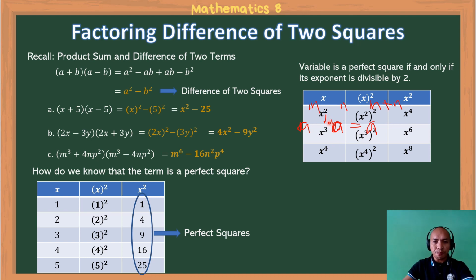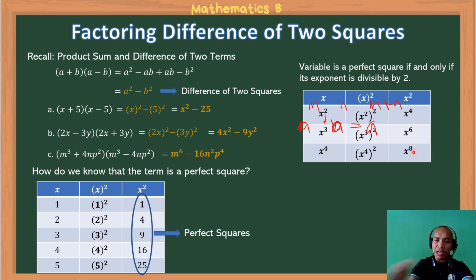Let me cite the illustration here. If this is x squared, being squared, by the law of exponents, the power of a power rule, we have to multiply the exponents. So 2 times 2 would be 4. So the square of x squared is x to the power of 4. Similarly, the square of x cubed is x to the power of 6. The square of x to the power of 4 is x to the power of 8.